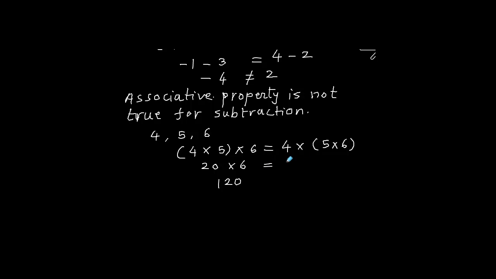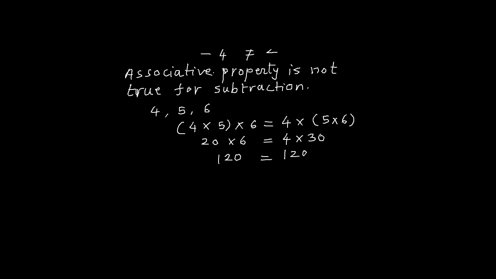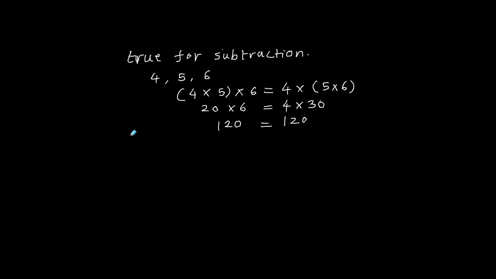And if I'll solve this side, so again you will get 120. So associative property is true for multiplication. Are you getting it?